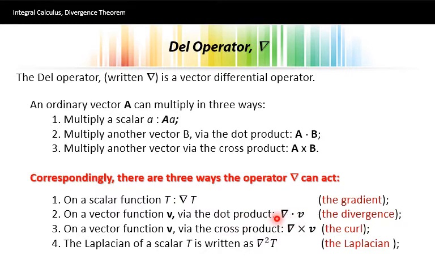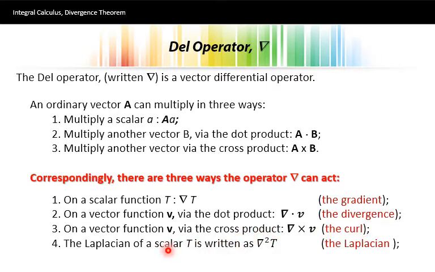We call this specific operation divergence. And the third type of product of the del operator with a vector function V is through a cross product, del cross V. We call this operation the curl.